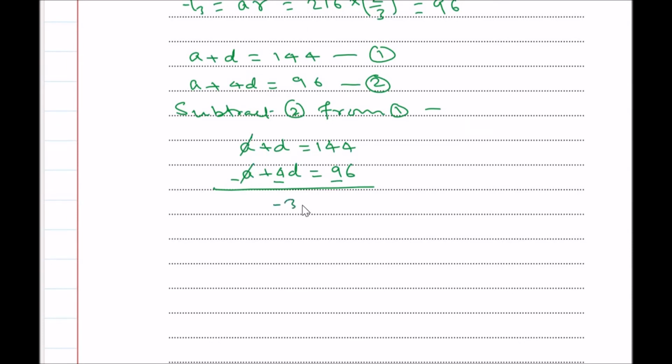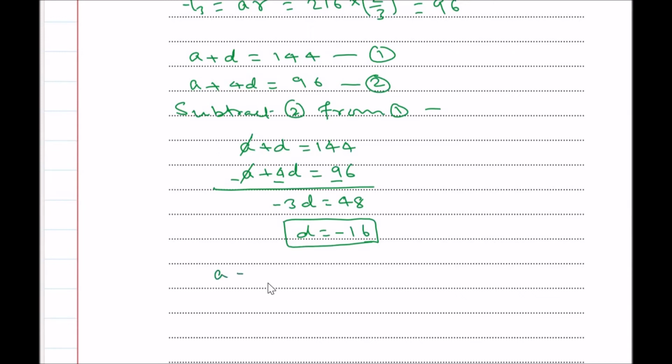We get minus 3D is equal to 48. So D is minus 16. Okay. D is equal to minus 16. Now we need to find A. We will put it in the first equation.